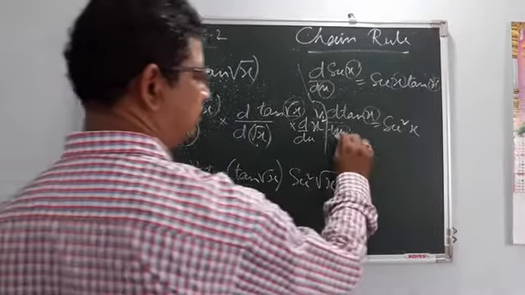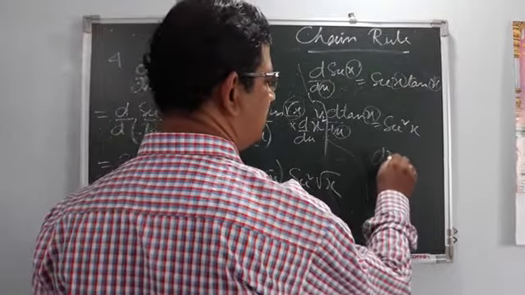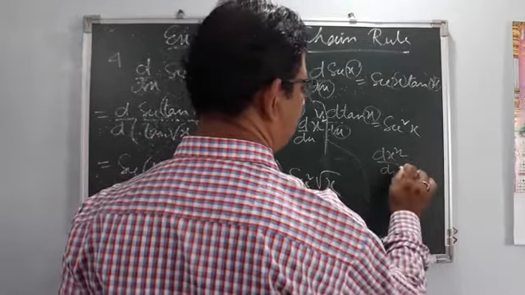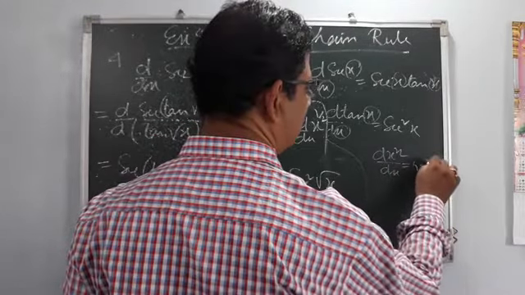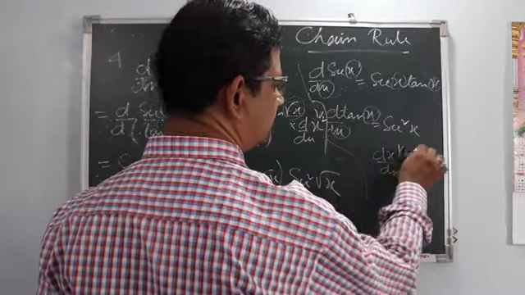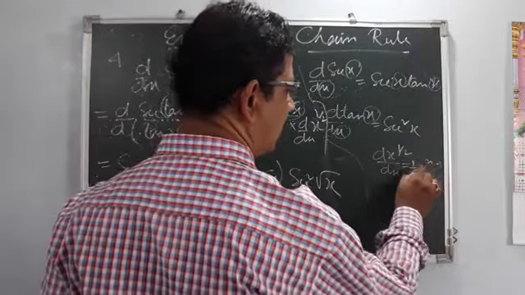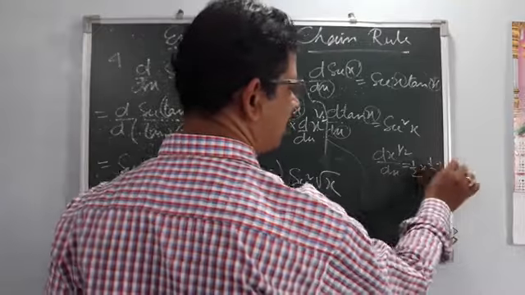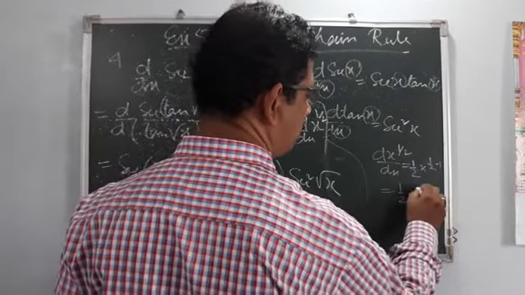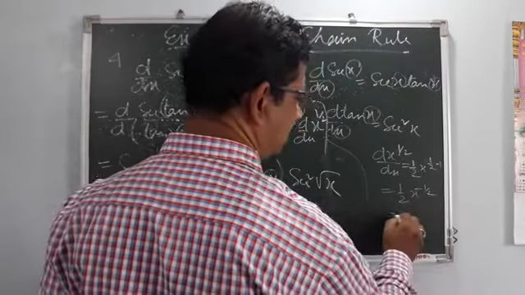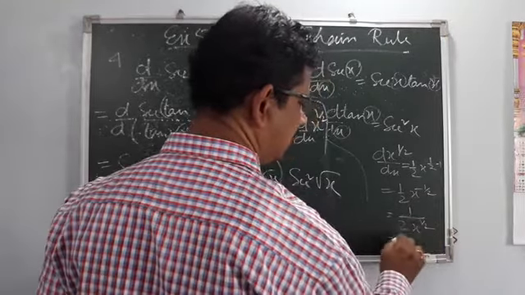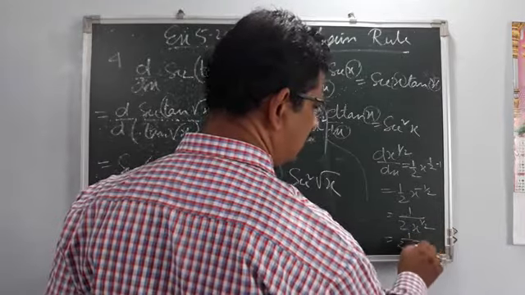Now this one. We know that differentiation of x to the power n with respect to x is n x to the power n minus 1. If it is half, it will be half and half minus 1. So half x to the power minus half. That is 1 by 2 x to the power half, that is 1 by 2 root x.